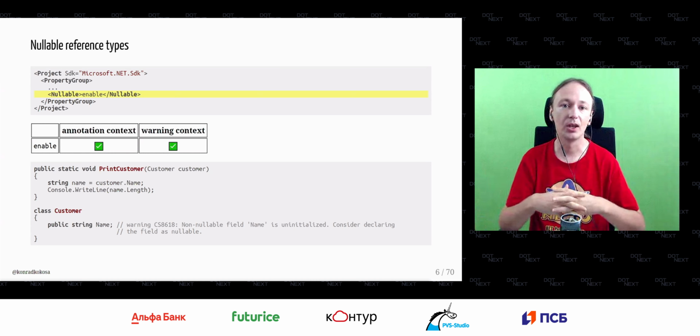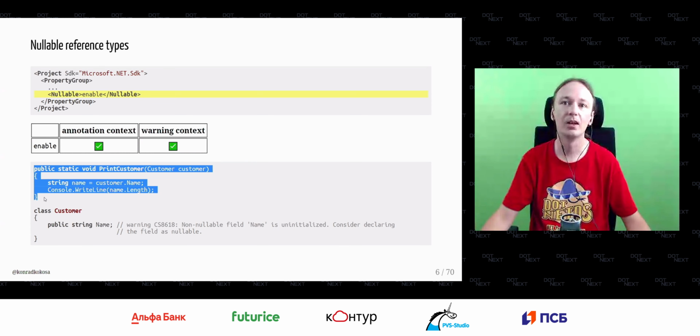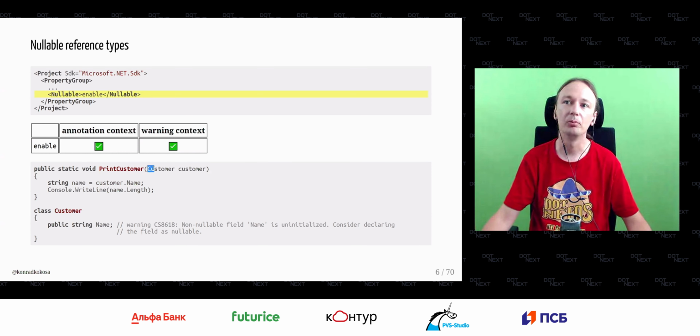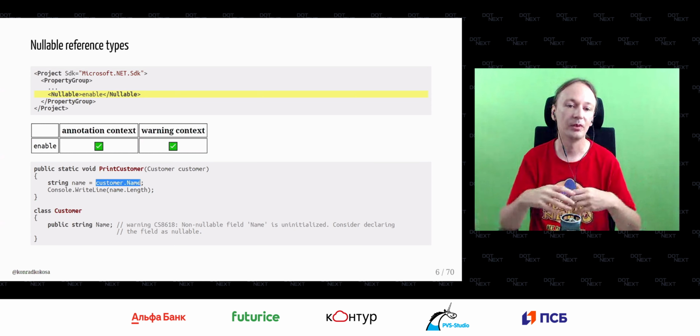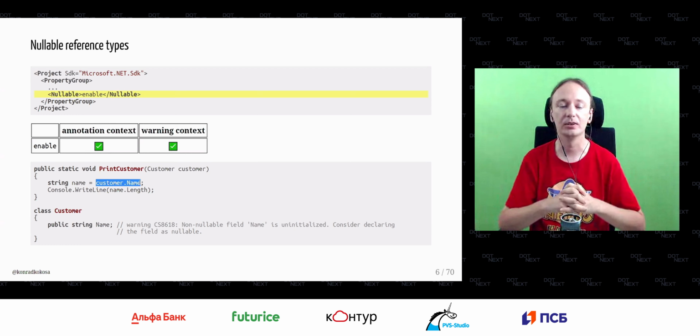What I would like to say in a few words is that thanks to that, references are not null by default, so such a method is safe: we are passing a reference to a customer, and this customer by default is not null. It shouldn't be null. So accessing the field Name is safe, and this makes our software safer.